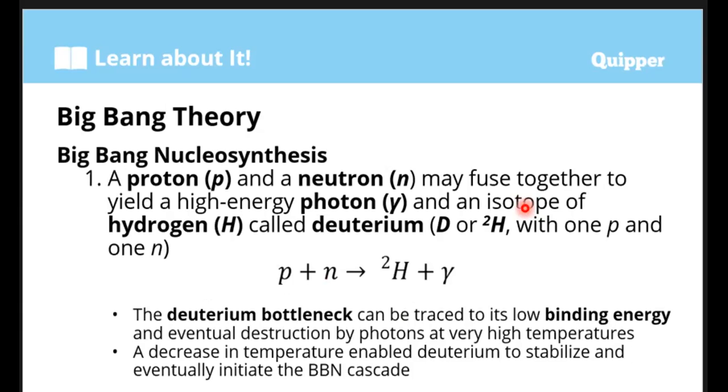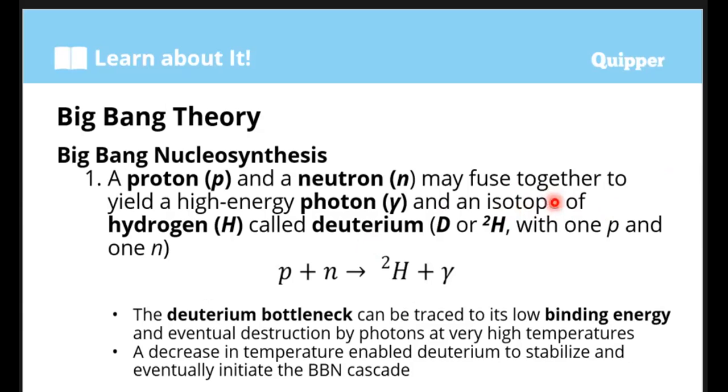Thus, it follows that it has one proton, or one positive charge, in its particle. Deuterium, on the other hand, is also a hydrogen with an atomic number of 1, but its number of particles in the nucleus is actually 2. That is what we call an isotope.